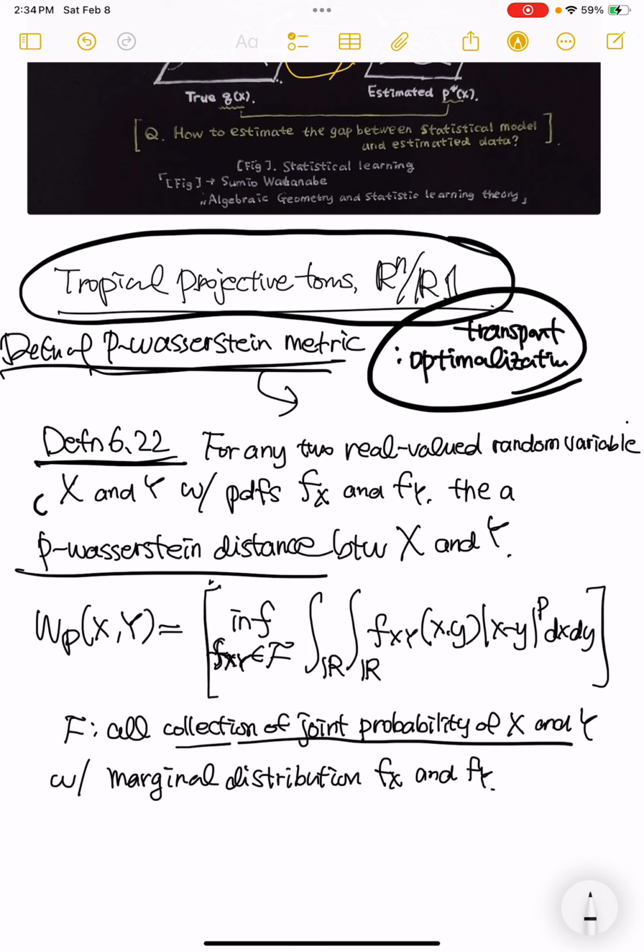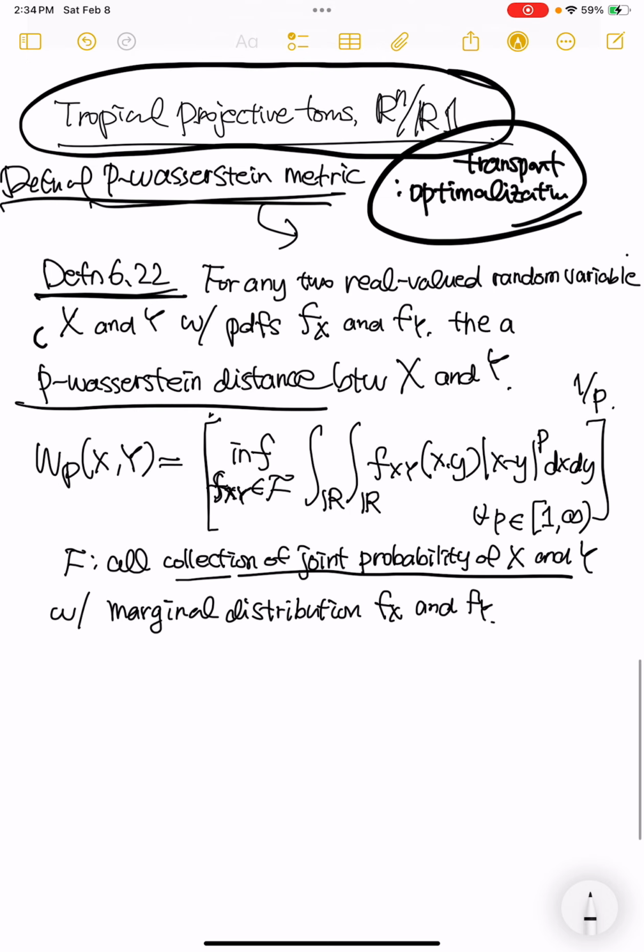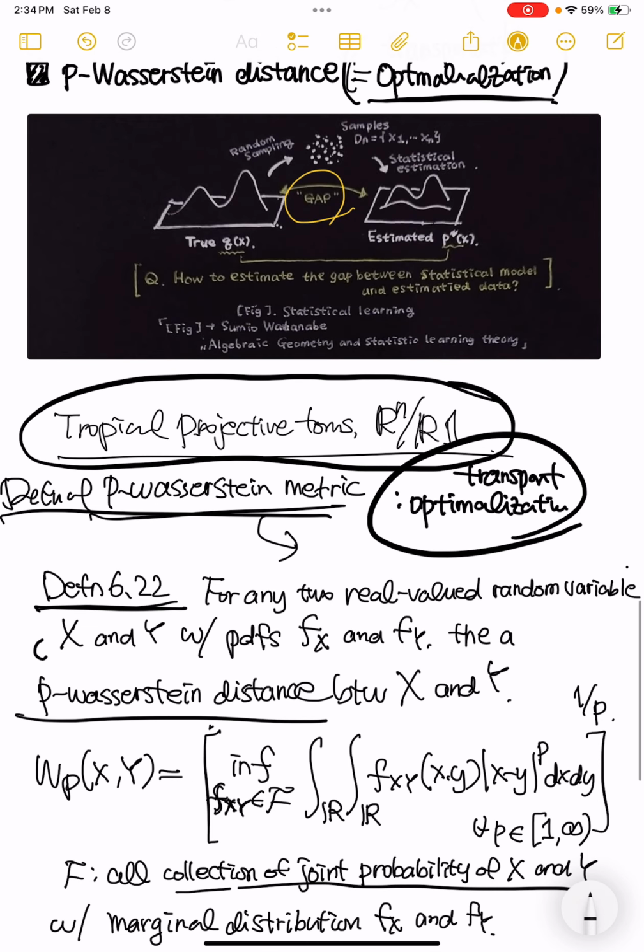That is in fact an L^p norm. Anyway, that is one way to estimate the gap between two distributions.